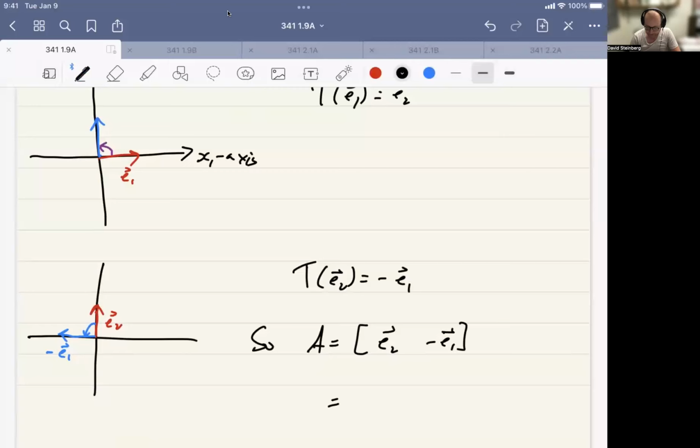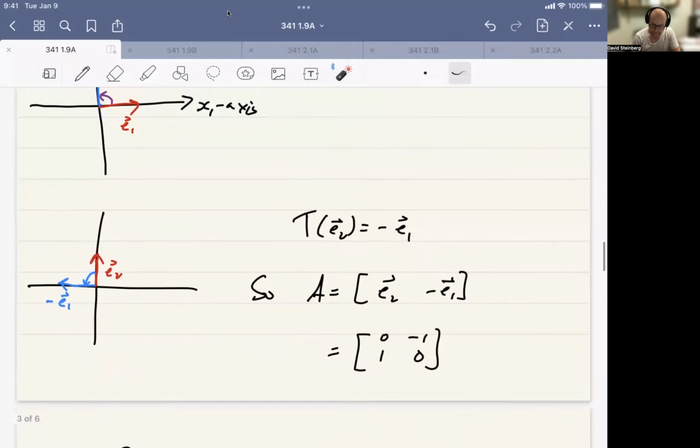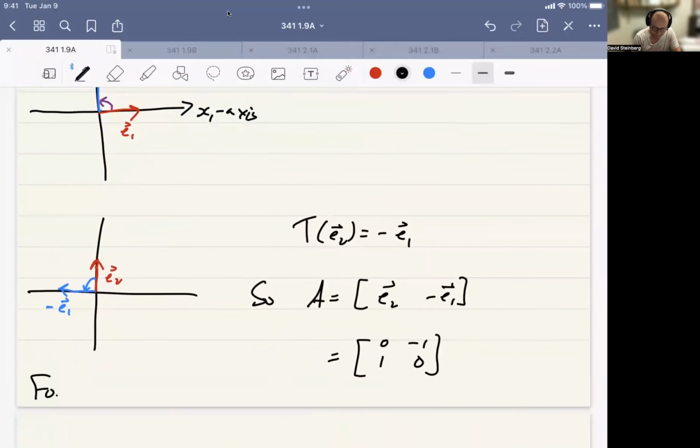We know exactly what that looks like. We know E2 is 0, 1. We know negative E1 is negative 1, 0. And sure enough, this is the matrix that rotates every point in the plane by 90 degrees. Check it out if you don't believe me. So for fun, check, the vector 1, 1 is rotated by 90 degrees, or pi over 2 radians, whatever.